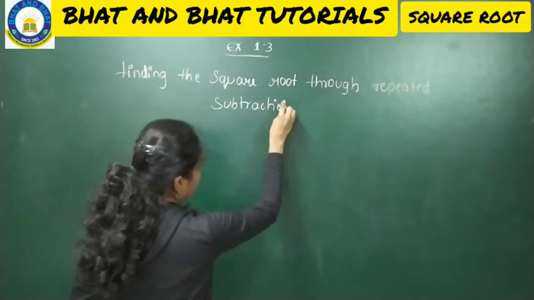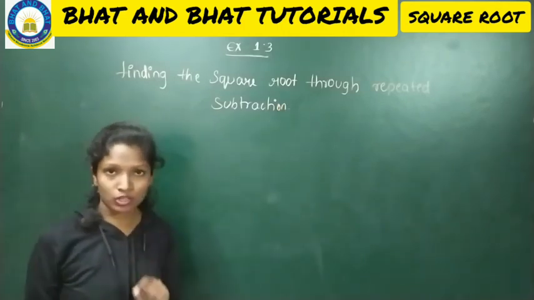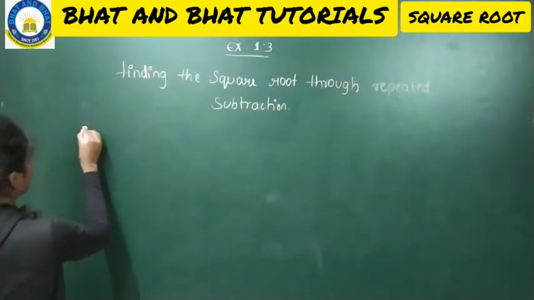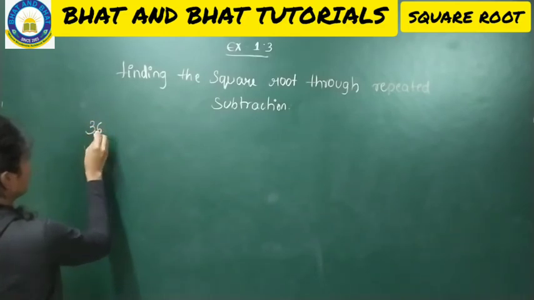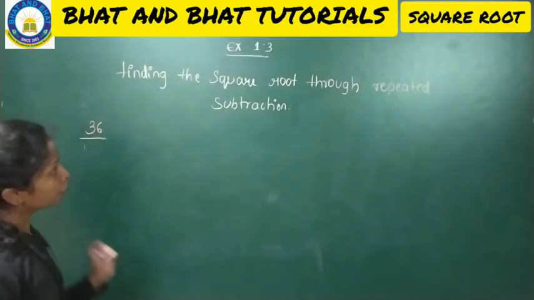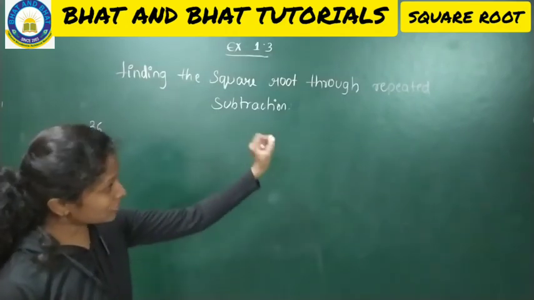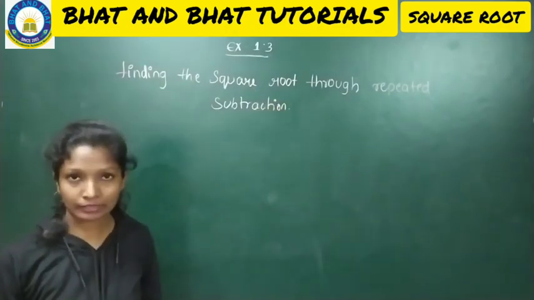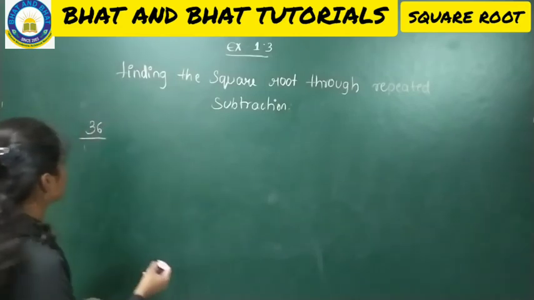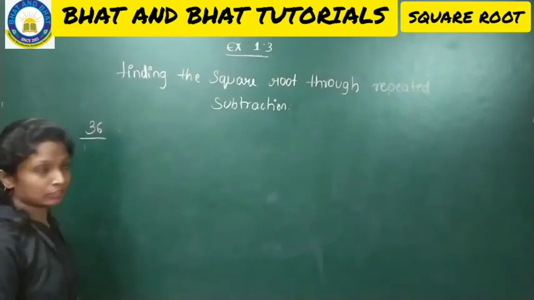Since this is an example one, I'll be teaching with the smallest number. So we'll take 36. For the number 36, we have to find the square root using the repeated subtraction method. So how to do this, ma'am? I'll teach you. The number is 36.